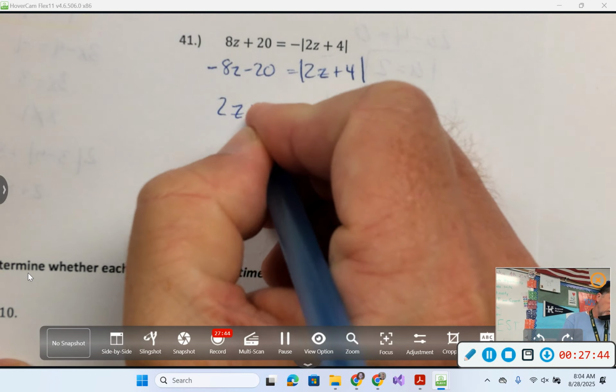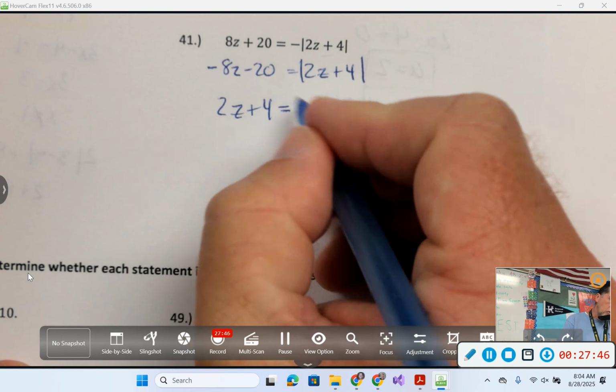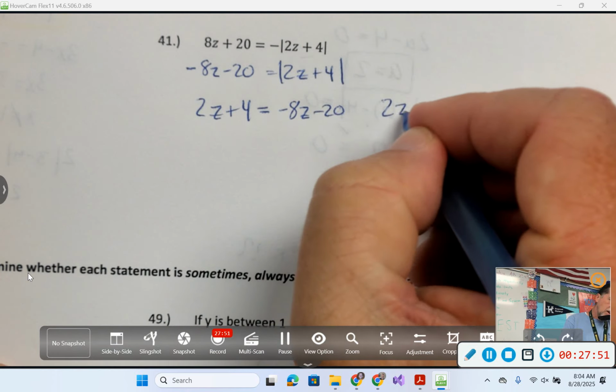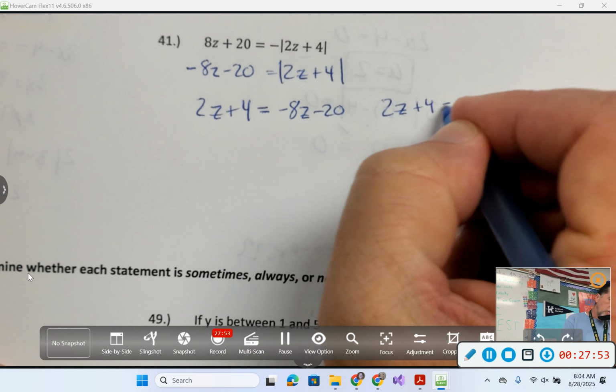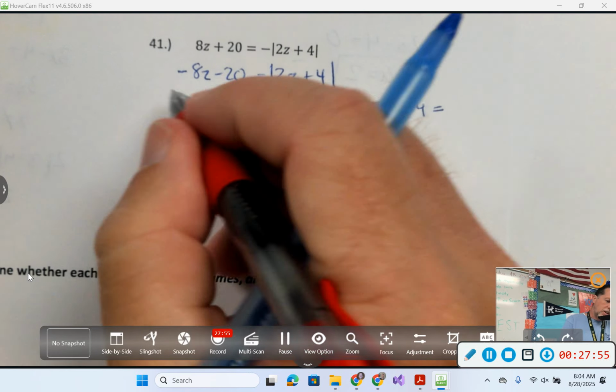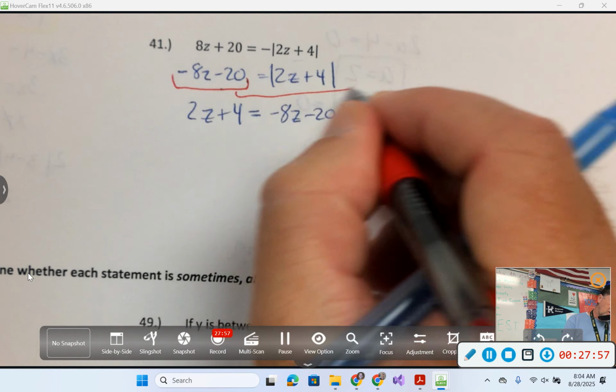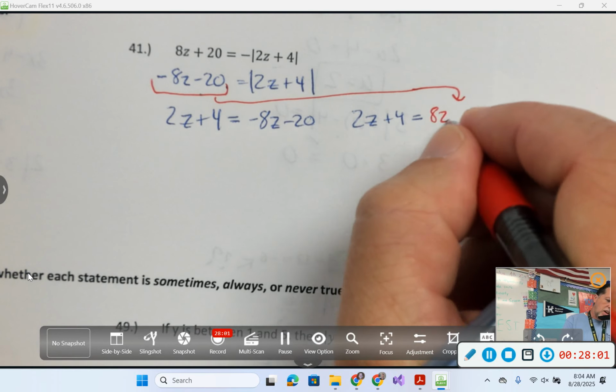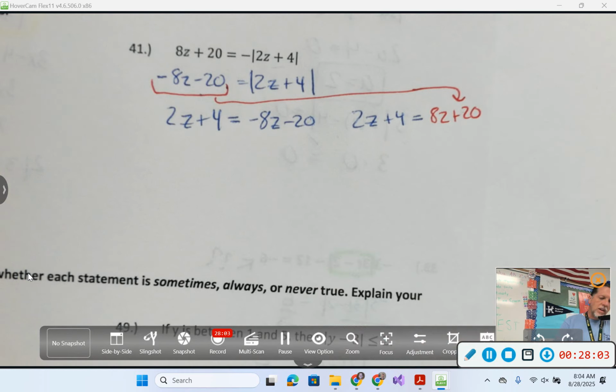And then split it up. That means 2z plus 4 equals negative 8z minus 20, or 2z plus 4 equals, change the signs, 8z plus 20. My guess is one will work and one won't, but I don't know that yet. Same process. More numbers, more letters, but same process.